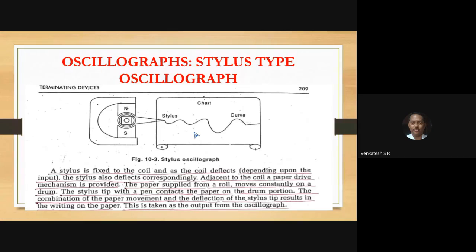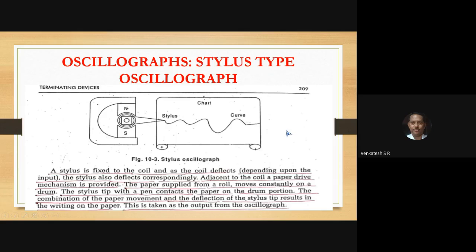That may be 90 by 120, 80 by 120, or if the heartbeat is very severe, then it is 100 by 160 or 100 by 200. That can be measured by using stylus type of oscillograph. Remember, in the examination, you have to write the application of stylus type of oscillograph.